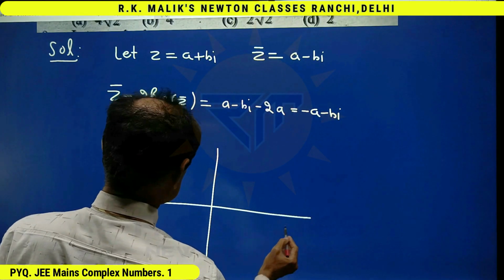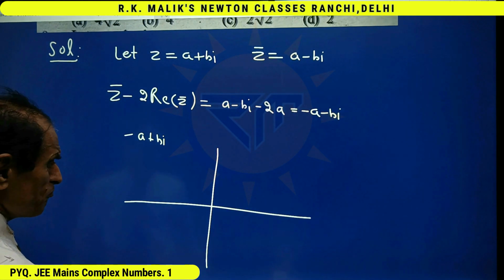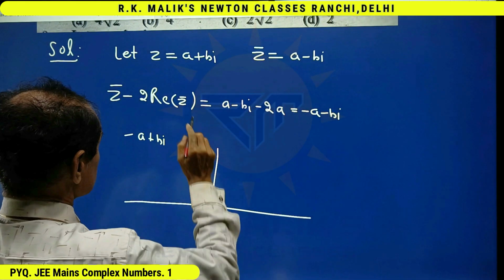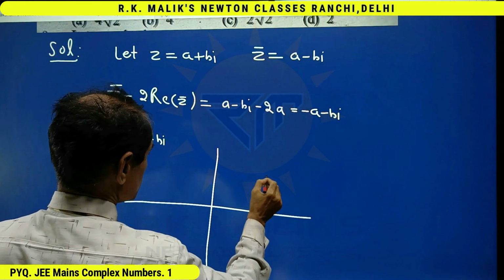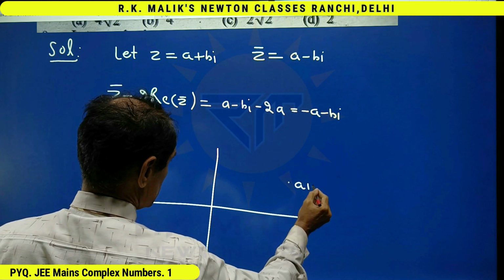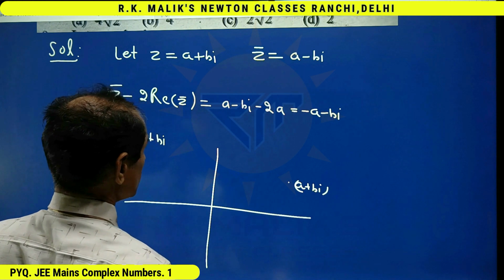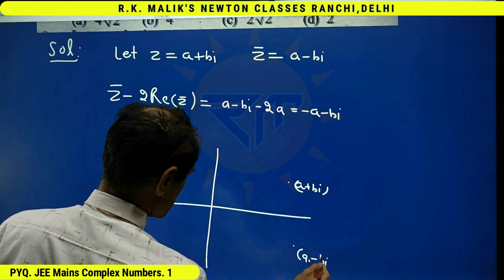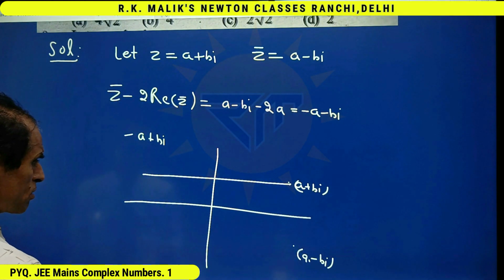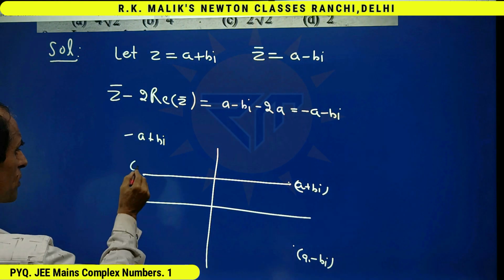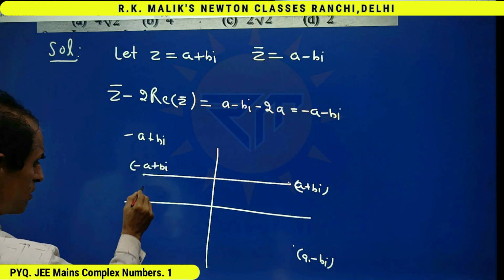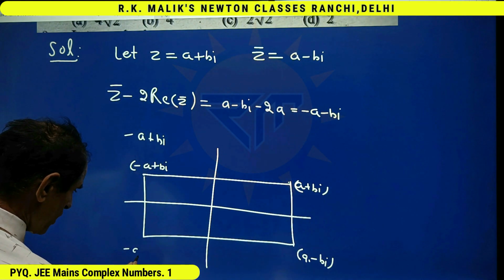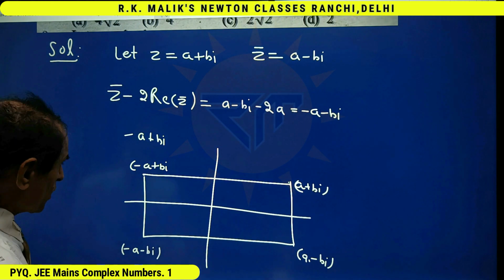Obviously these points will be mirror images of each other in x axis and y axis. For example, if a plus bi lies here, then a minus bi will be somewhere here. It will be minus a plus bi, and here it will be minus a minus bi.